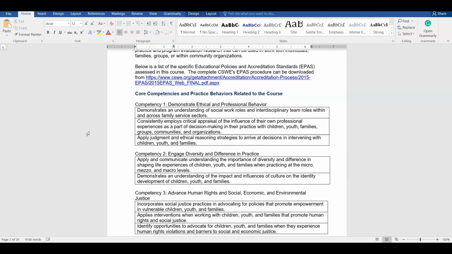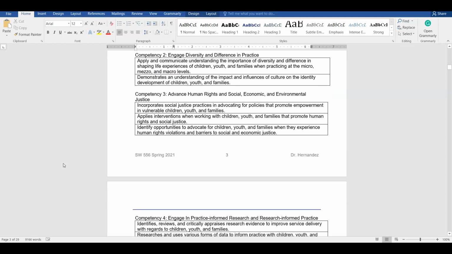So it's good to figure out, oh, they do this, they are involved in doing work that relates to this competency and this other one, and so on and so forth. So, needless to say, having at least a basic knowledge of the competencies is good, at a minimum.